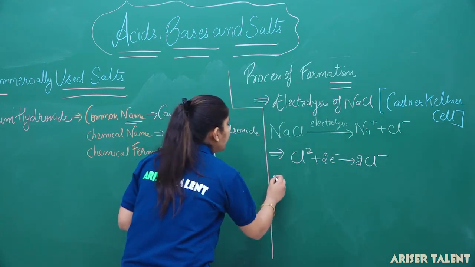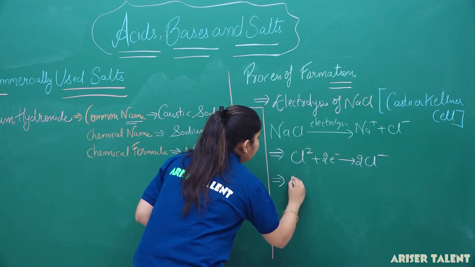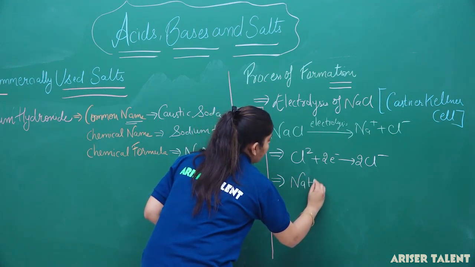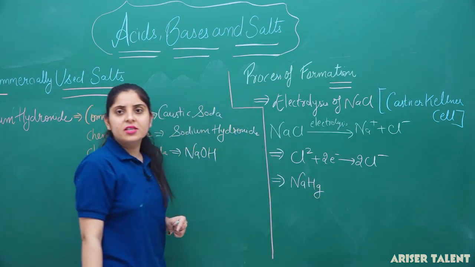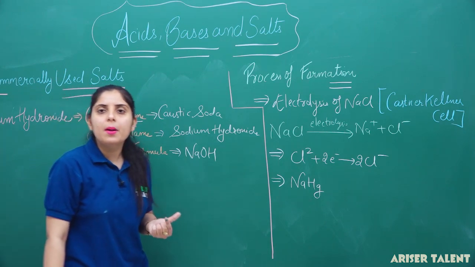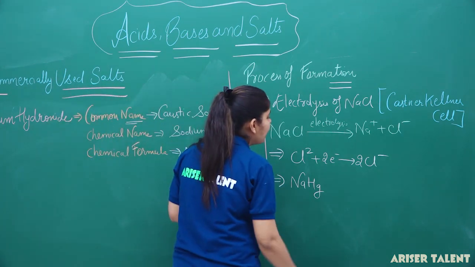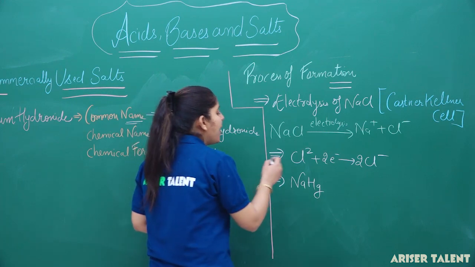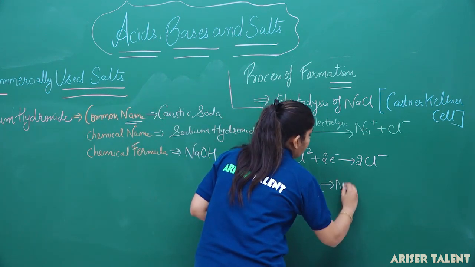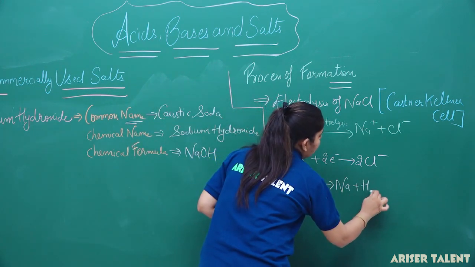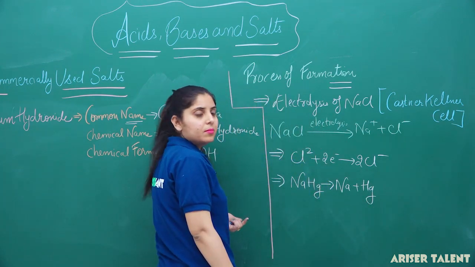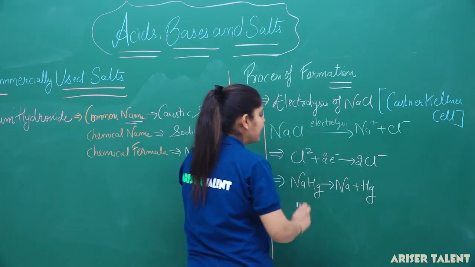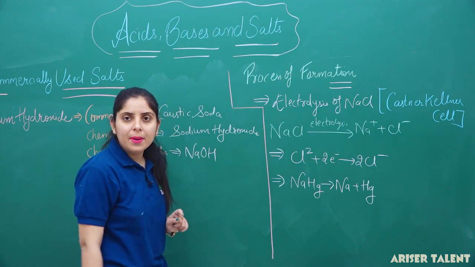So what we are doing here, we have added NaHg. It is actually the sodium amalgam. This sodium amalgam is basically produced by sodium plus mercury. It means sodium and mercury are reacting with each other to produce sodium amalgam.